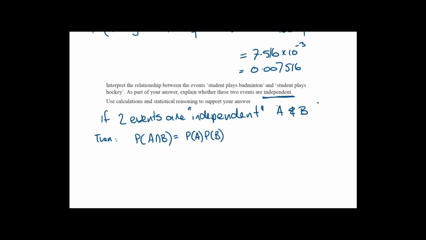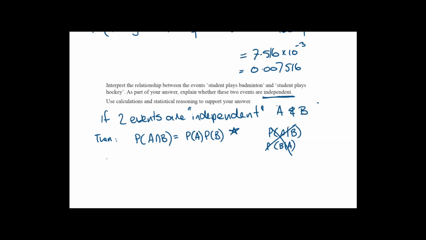If there's no conditional, the probability of A given B is going to be the same as the probability of B given A, if they're independent. But we're not going to use that definition. It gets us into trouble, I think. We're going to use this definition.